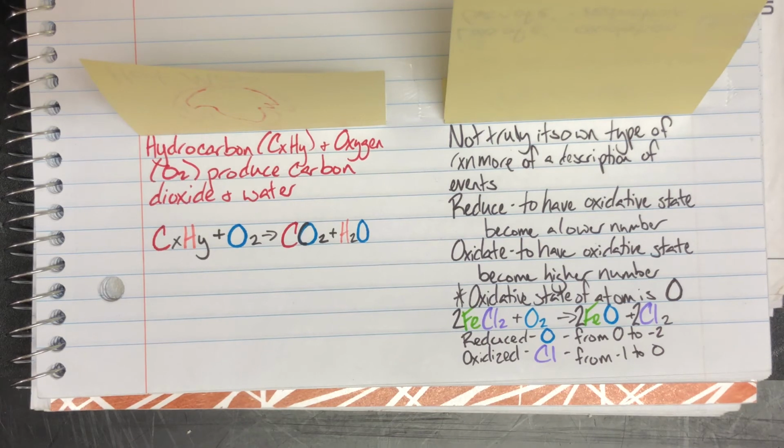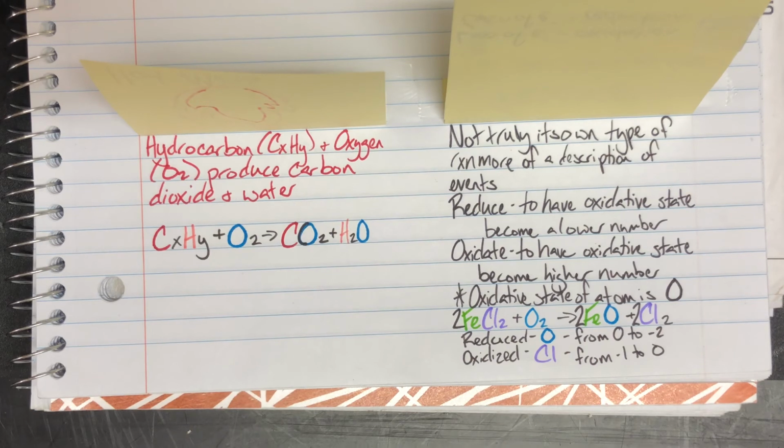Whereas to oxidate is going to be the opposite, is going to have an oxidative state becoming higher. Remember that, again, positive numbers are bigger than negative numbers, and 0 is bigger than any negative number, okay? So my oxidative state, if it gets higher at all, I have oxidated.